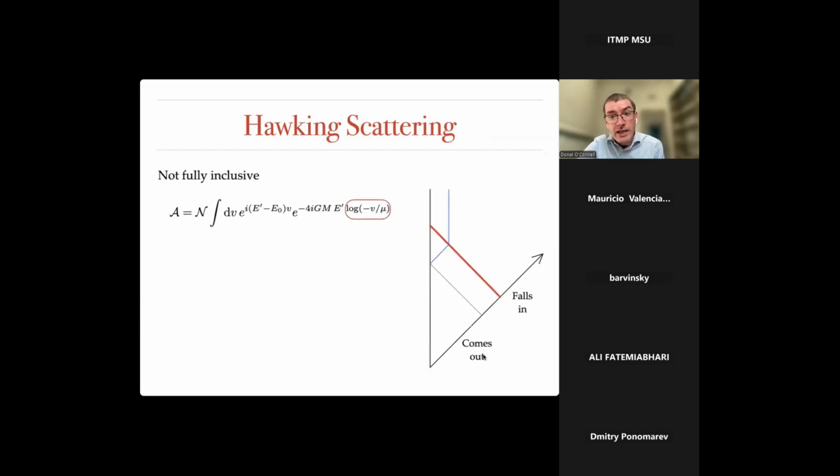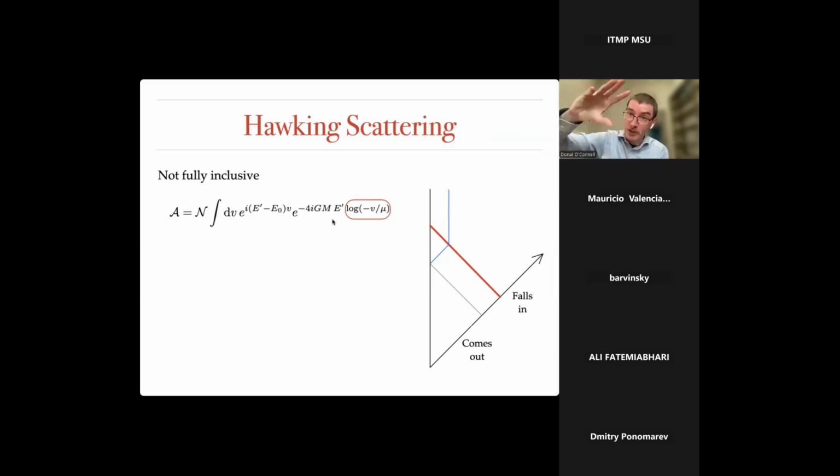Now that I've delocalized the thing, we need to worry because part of the reason why I liked localizing it was I wanted the particle to come out. But having delocalized, clearly some of the wave function is just going to fall directly into the black hole. So correspondingly, this is not fully inclusive.